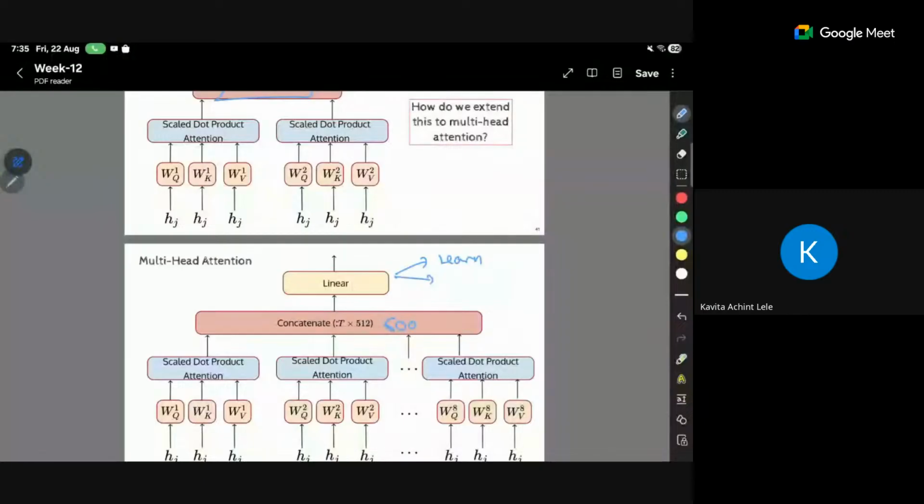You can have a linear layer, let's say a 600 cross 512 matrix. In the linear layer the weights are going to be there. We are going to call that WO, and this matrix will produce t cross 512 output, right?